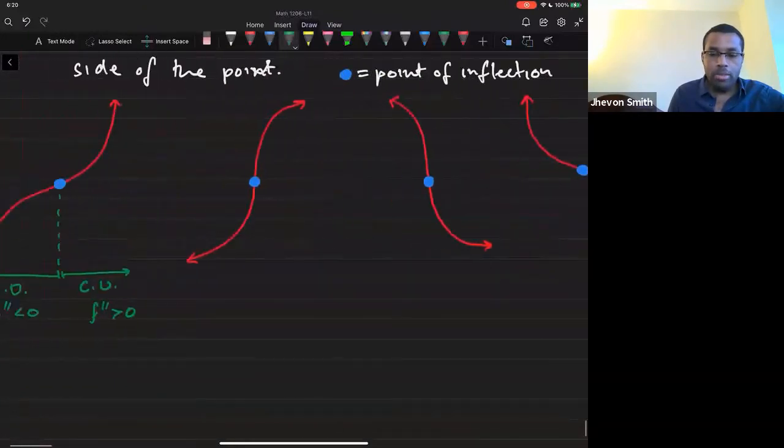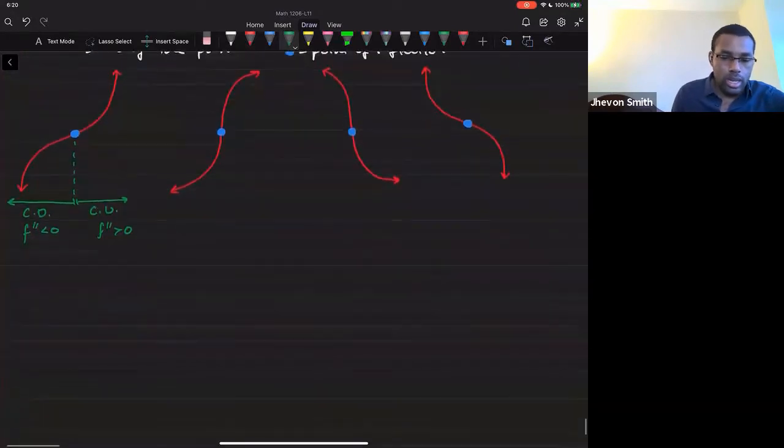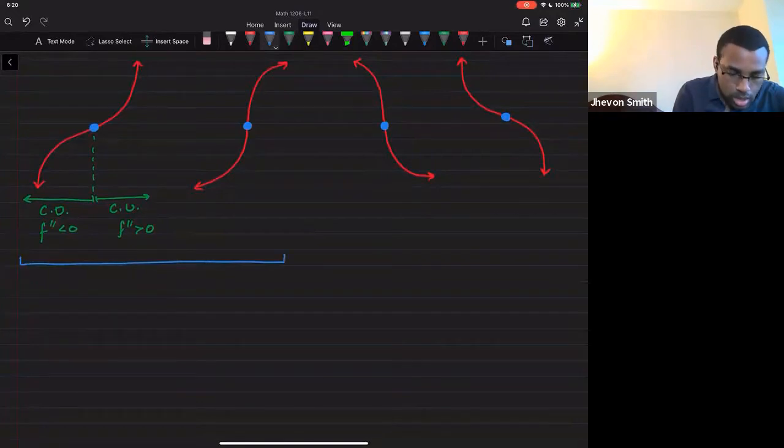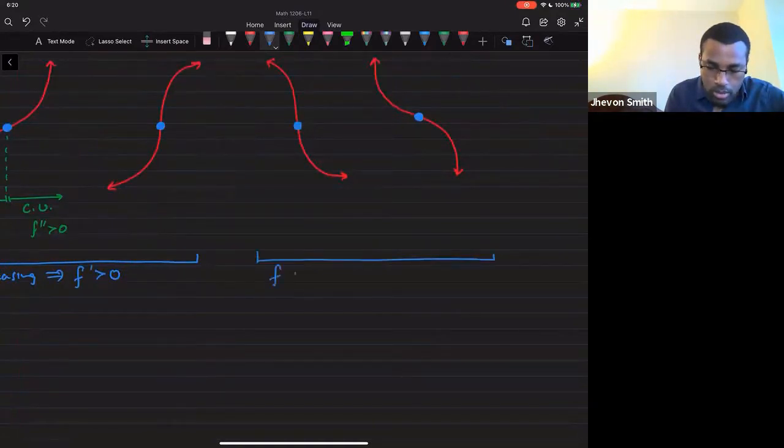And this can happen in various ways, as you can see here, four different examples. These over here, our function is increasing, f increasing, which means that our first derivative is positive for both of them. And over here, f decreasing, which means our first derivative is negative for both of them.